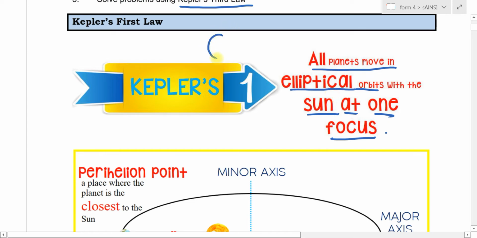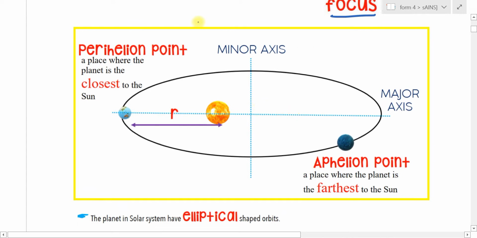Kalau dia macam ni, dia betul-betul bulat. Elliptical ni more towards something like bujur lah, like this. Here, this is an elliptical shape. In an elliptical shape, they don't have the same radius.